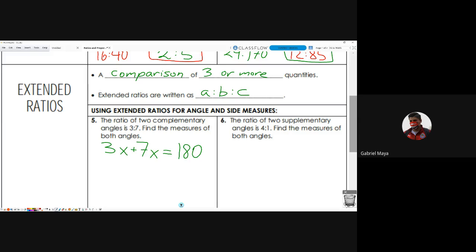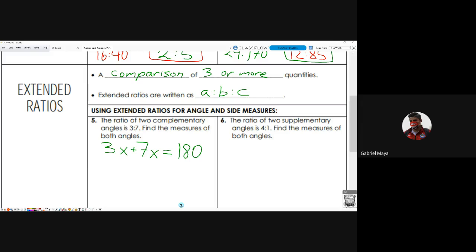The ratio of two complementary angles is 3 to 7. Find the measure of both angles. What kind of angles are these? Yes, 90. Not 180.